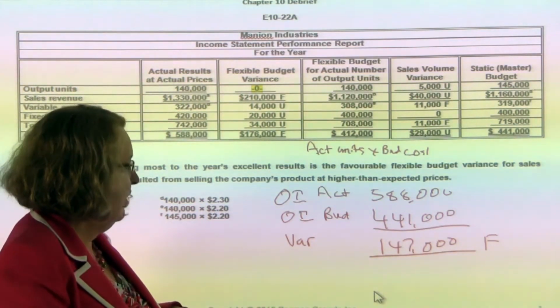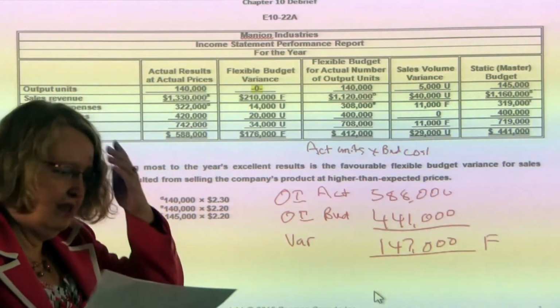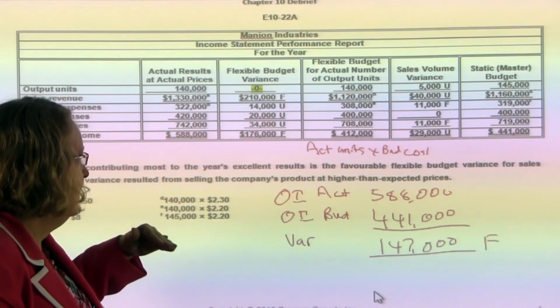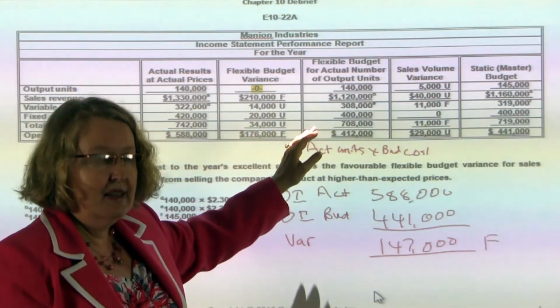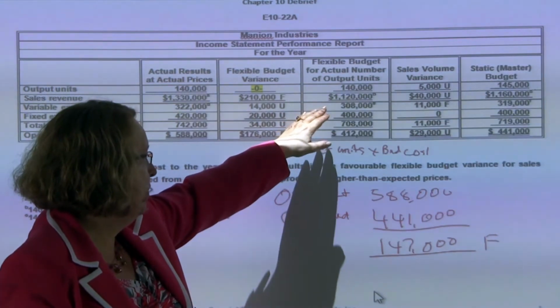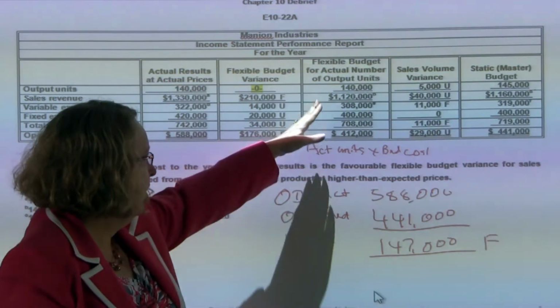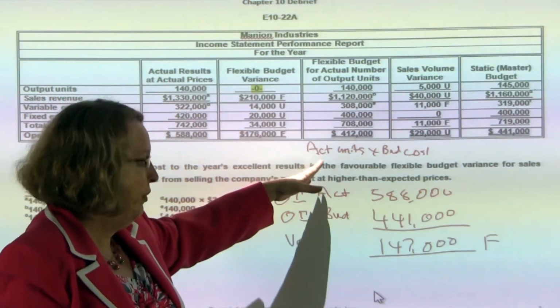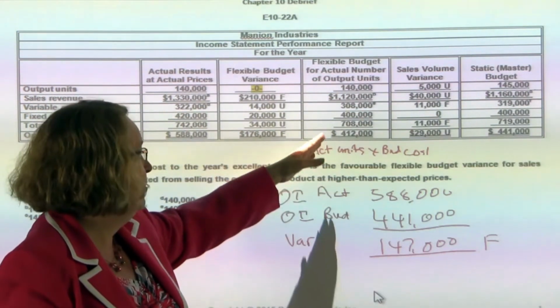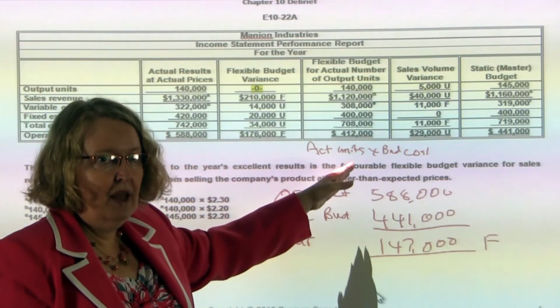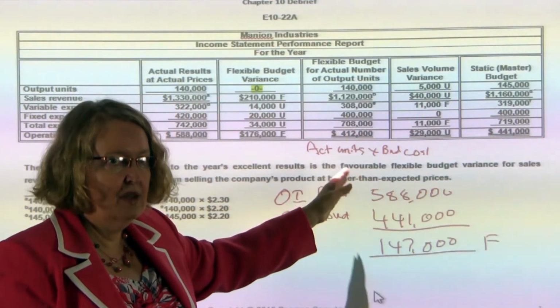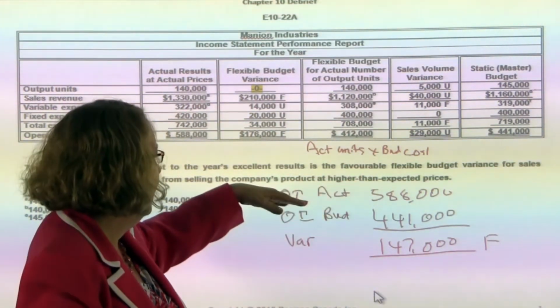So based on 140,000 units, you would have expected to see 140,000 times your selling price of $8 to give you 1,120. So the approach to take when you're doing your flexible budget is you're going to take your actual units and multiply it by budgeted selling price or budgeted cost.